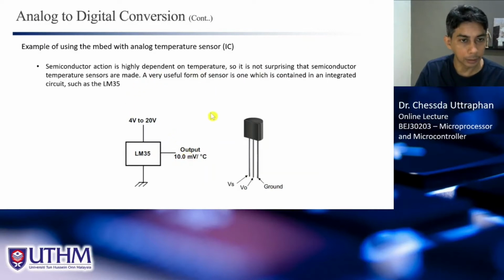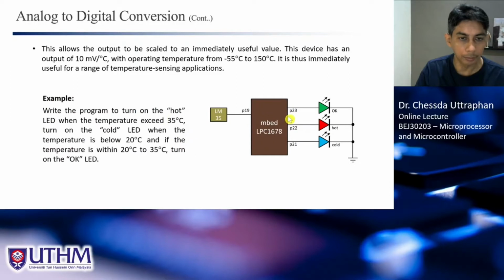This is an example of an analog sensor, the temperature sensor LM35, which we can use to sense the temperature of the environment. We can use the embedded microcontroller to read that temperature.